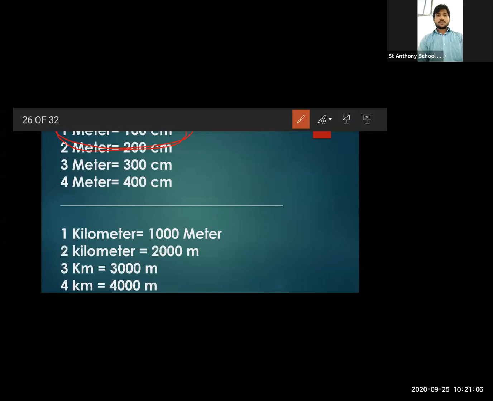And 4 meter is equal to 400 centimeters. Getting my point? That means 1 meter is equal to 100 centimeters.